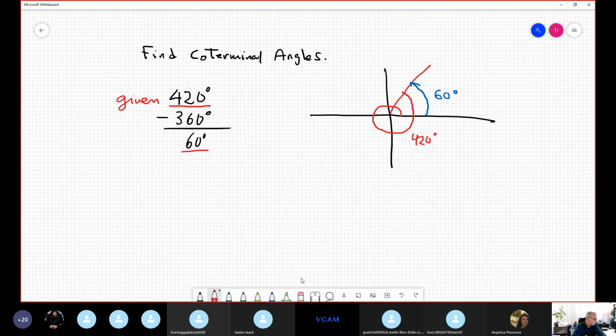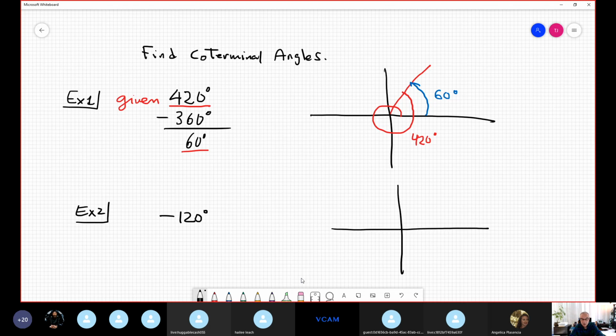Okay. Let me try another example. I want to complicate a little bit. This was example 1. Example 2 is now negative 120 degree. So I need to find the coterminal. Wow, negative 120 degree.